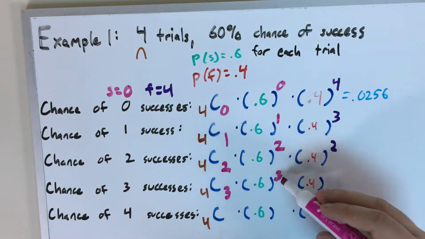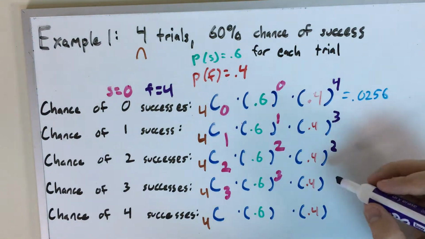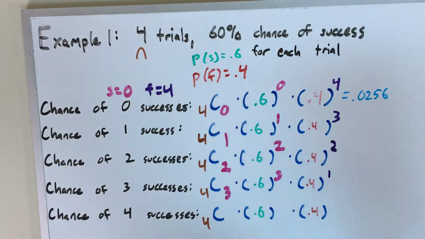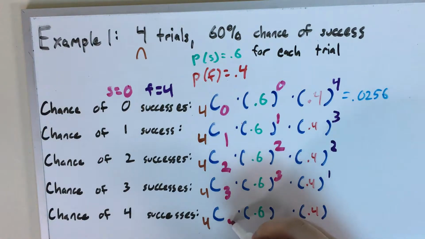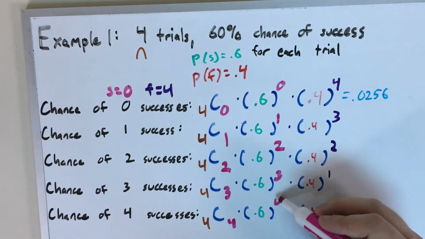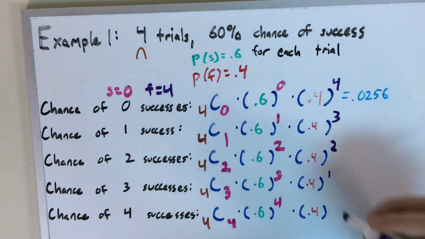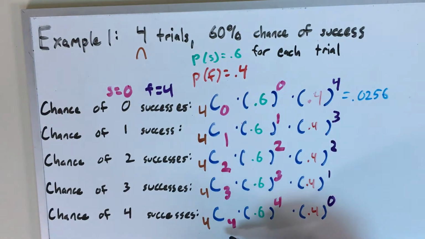The probability of success is raised to the 3rd power, and the probability of failure is raised to the 1st power. And finally, if I want to succeed every time, that's 4 successes, 0 failures.